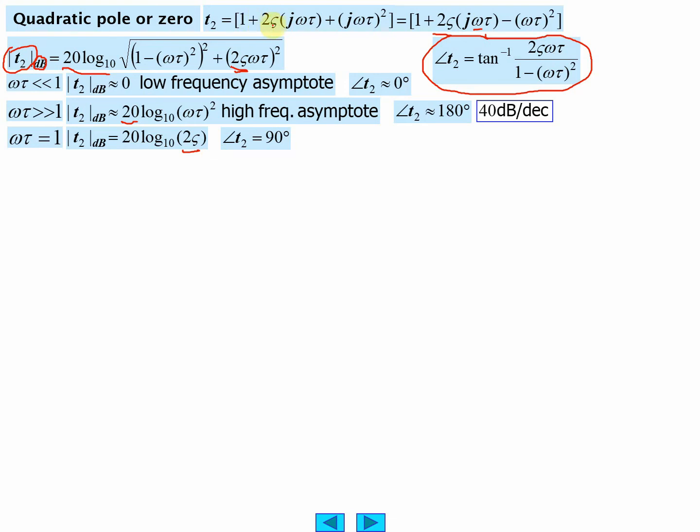This is the only term that's going to contribute to the quadratic, because this term equals this term when this is true. What they call the break frequency. Okay.